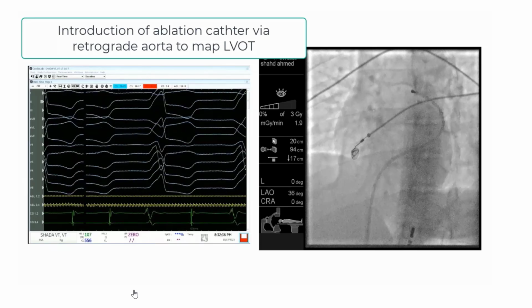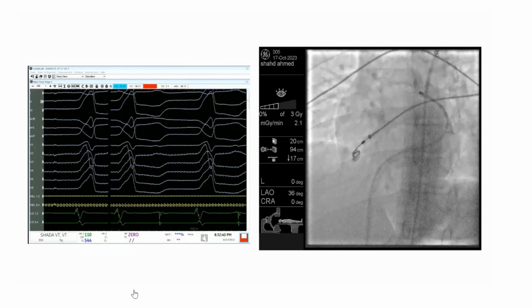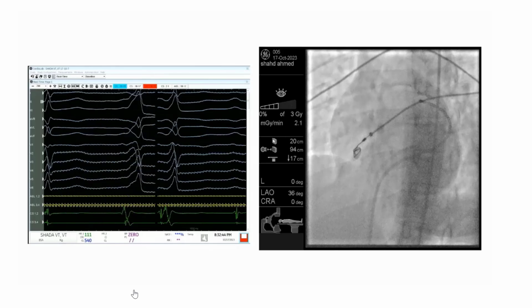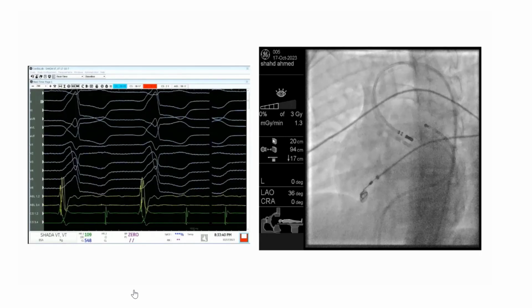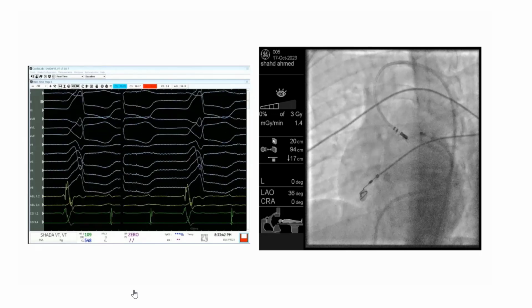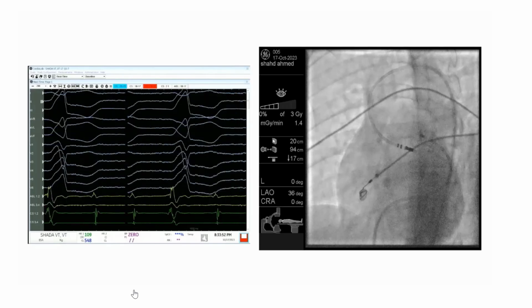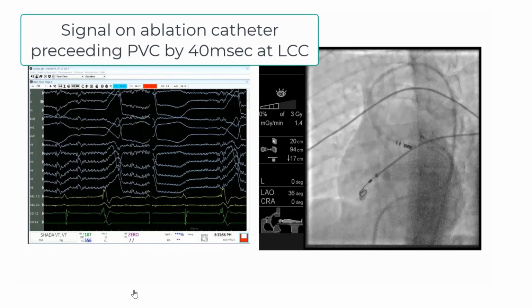So we introduce the ablation catheter through a retrograde approach to the LVOT and start to map the left coronary cusp, and we found a very nice potential around 40 milliseconds before the onset of the QRS complex on surface ECG.